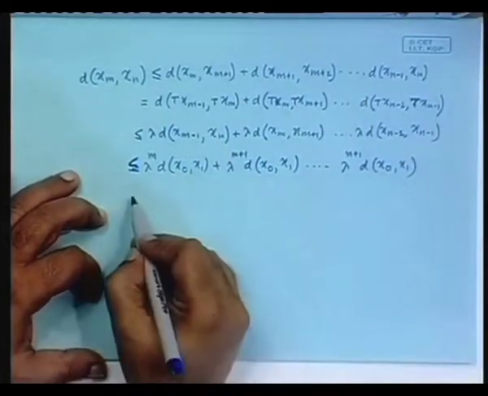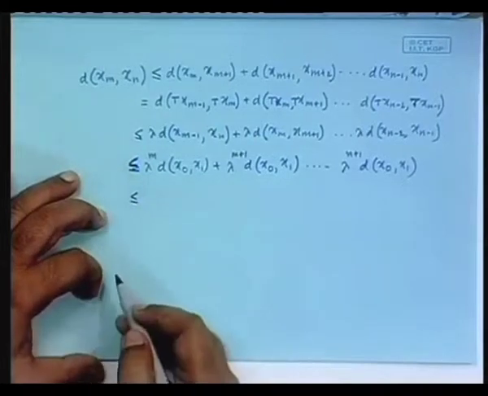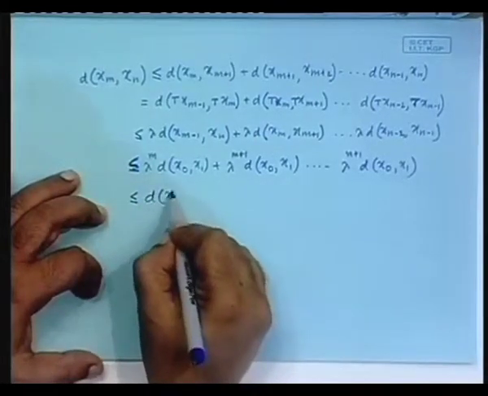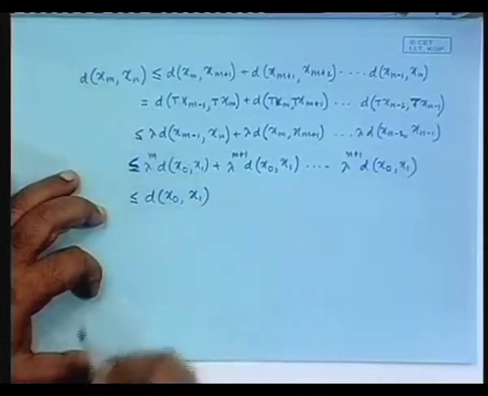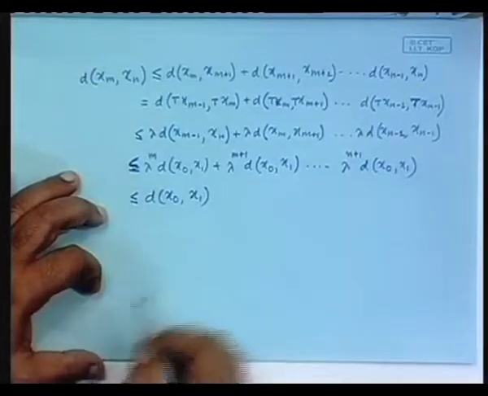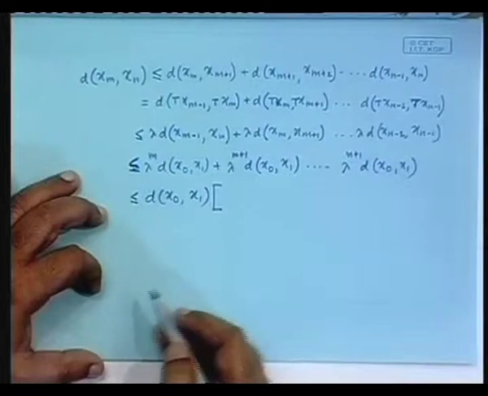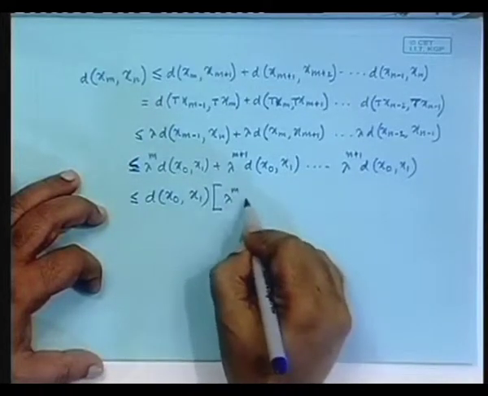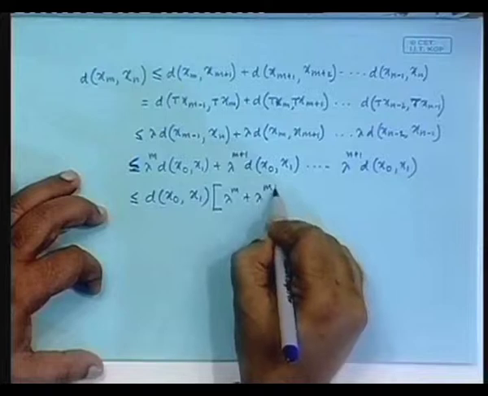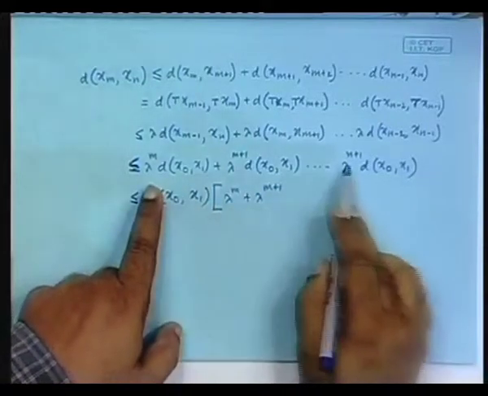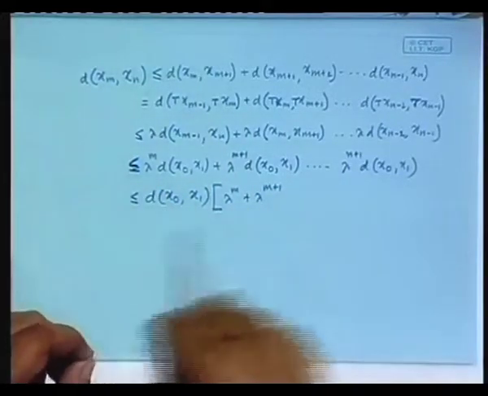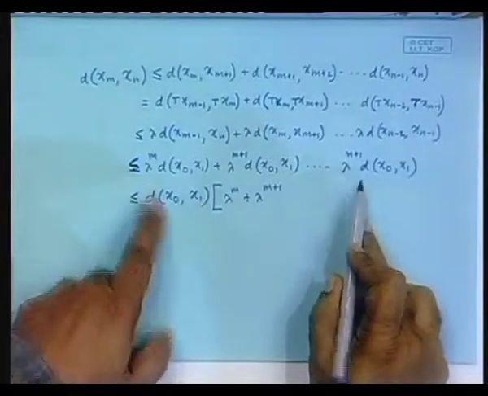So, you can now take it common, d of x naught x 1. What do you have left? It is going on increasing. m is one step and n is some step later. So, it is going through that and ending here.